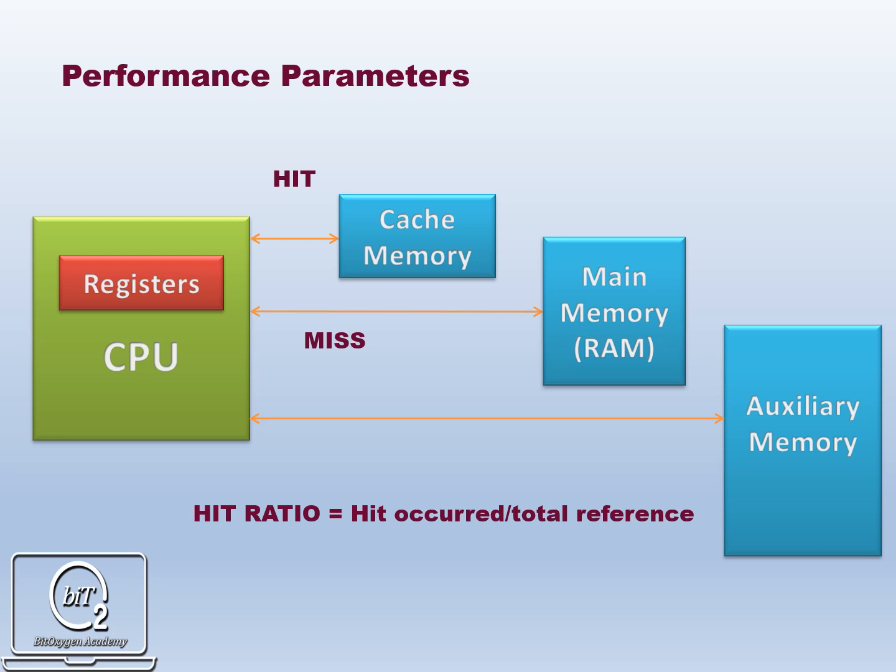Then the hit ratio will be 70 divided by 100, which is equal to 0.7. And second, miss ratio. 1 minus hit ratio gives the miss ratio, which is equal to 0.3.